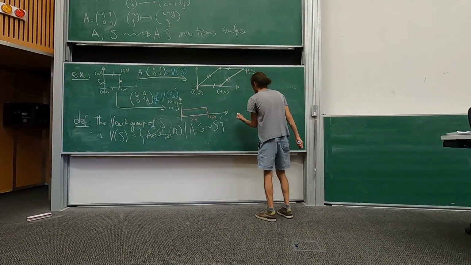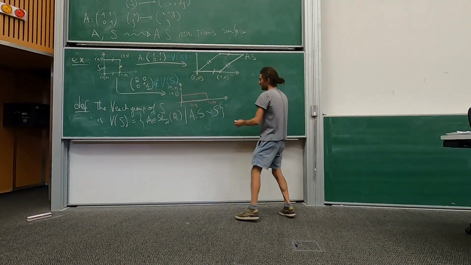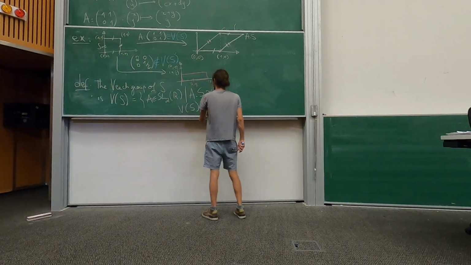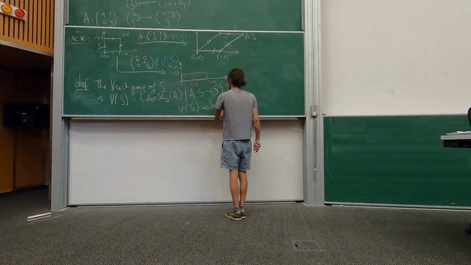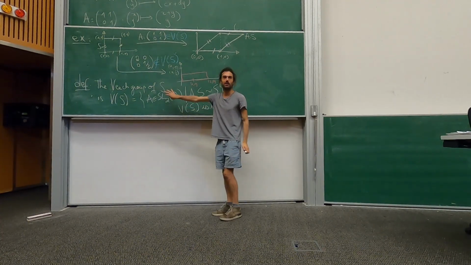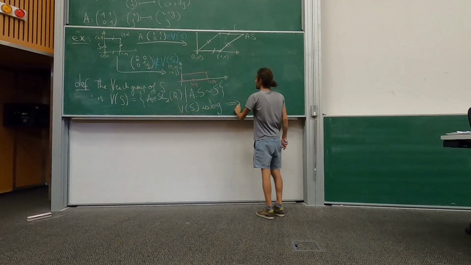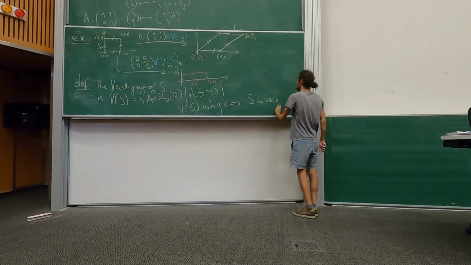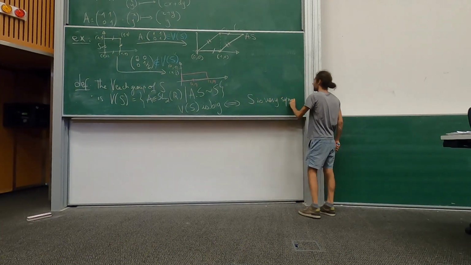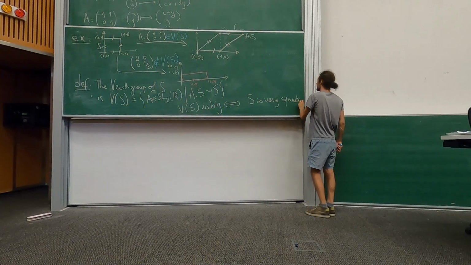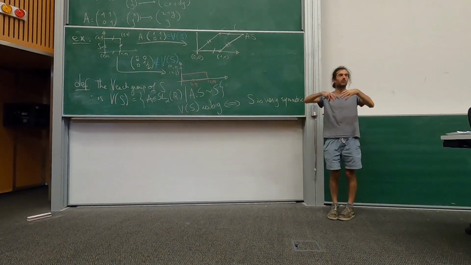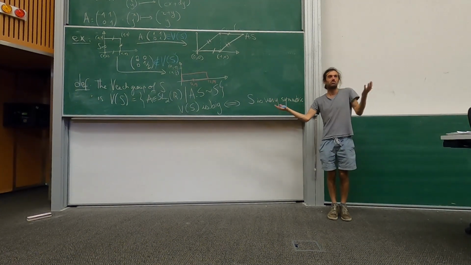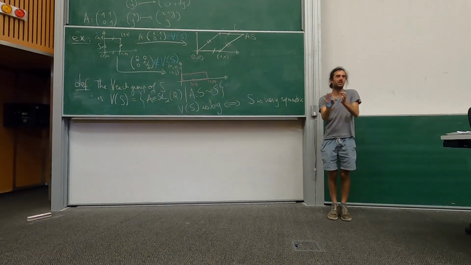And the thing that I want to communicate is that V of S is big. So we have a lot of matrices in this thing. It's the same thing as to say that S is very symmetric. Because when you have a surface that has a lot of symmetries, if you move it by some matrix, you have some chance that you can cut and glue it back.